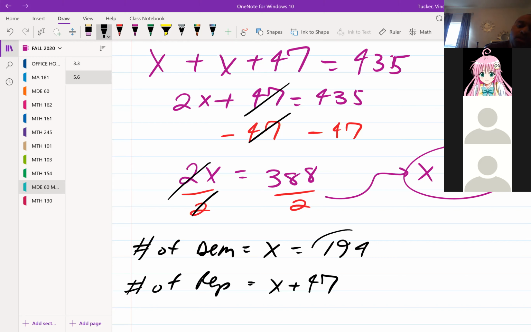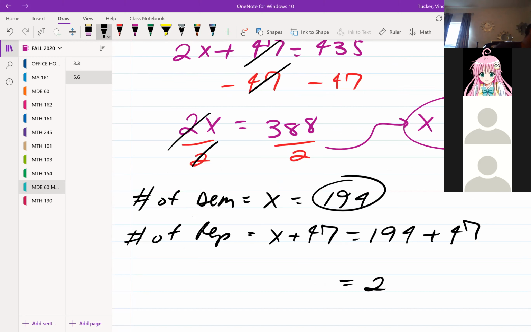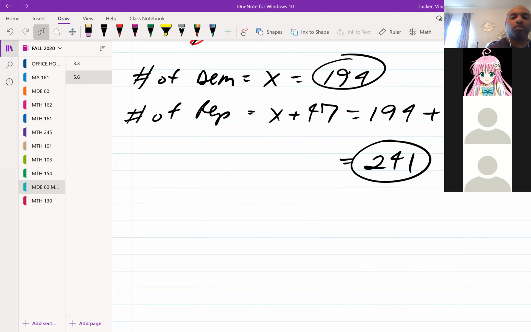So we know that 194 is going to be the number of Democrats, and 194 plus 47 should be 241, the number of Republicans. All right, so let's look at another one.